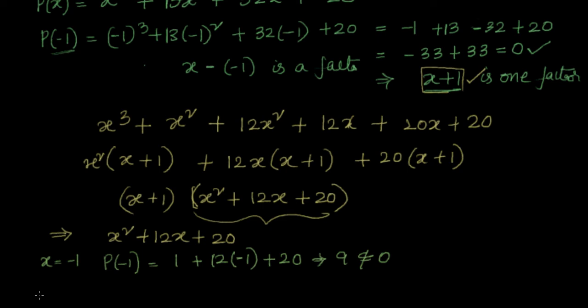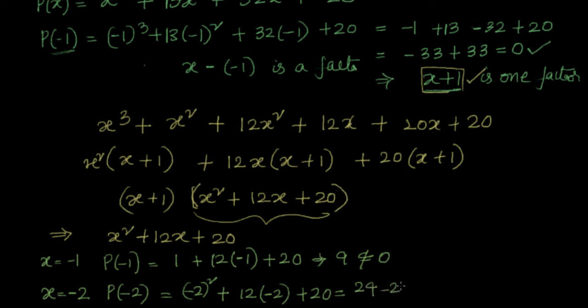Let us go for x equal to minus 2. If I go for x equal to minus 2, p of minus 2 is nothing but equal to x square, that is minus 2 whole square, plus 12 into x value minus 2 plus 20. This is nothing but equal to 24 minus 24, that's equal to 0.